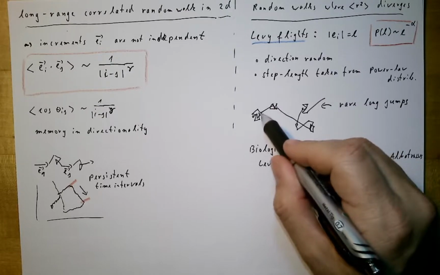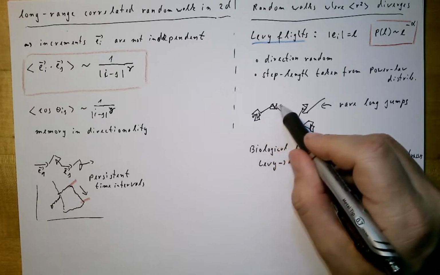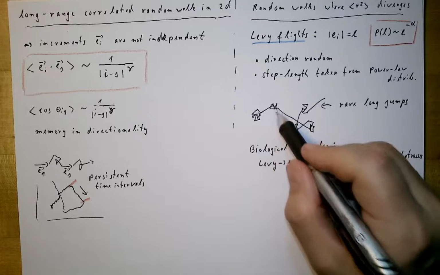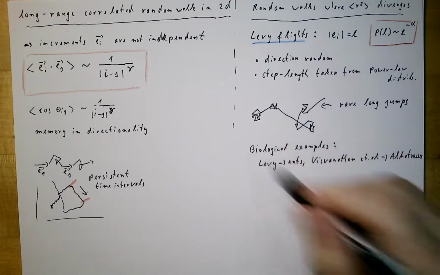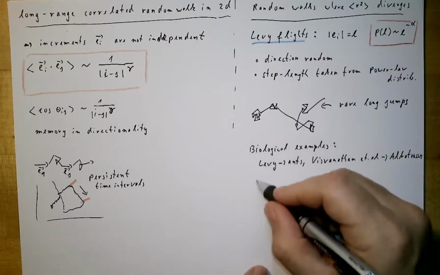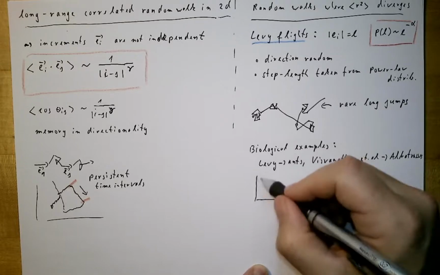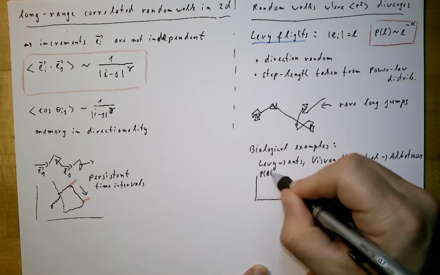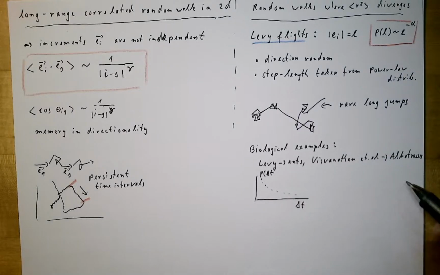So it touches the water, is sitting on the water, and then it goes in the air, makes a large movement, and then goes down again. And from the time intervals to the next touching of water, one could make a distribution, delta t, and we have p of delta t, and the distribution looked like a power law.